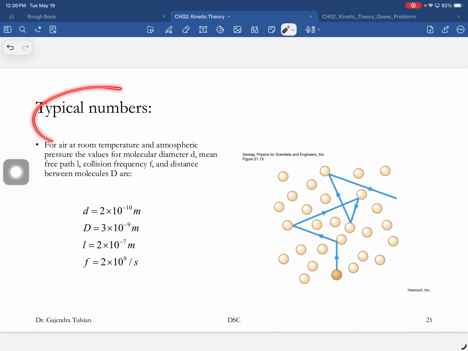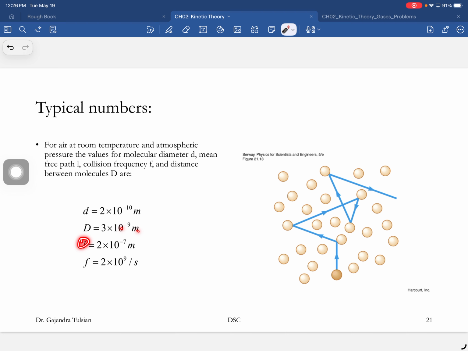So here are typical numbers. This is the size of the air molecules. This is the average distance between molecules. You see the average distance is about 10 times the size of the molecule. So the molecules are this size, and the average distance between the molecules is this far in the room.